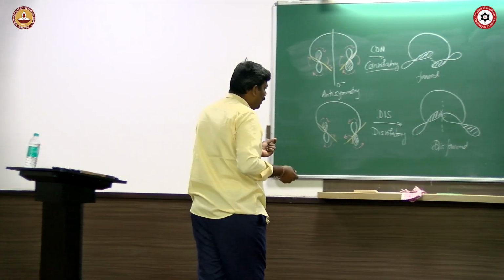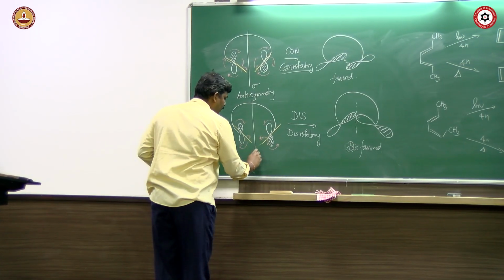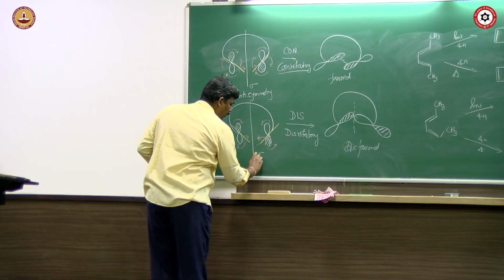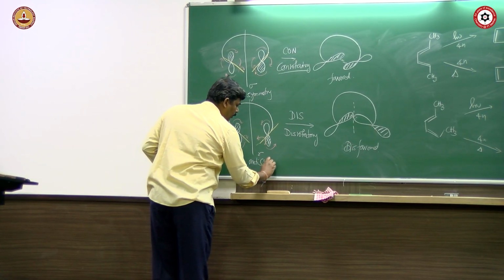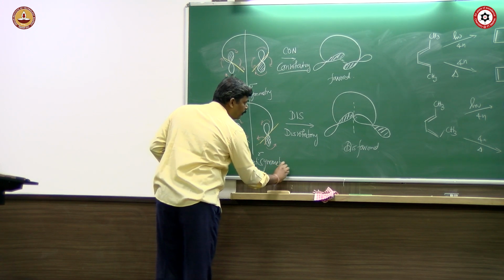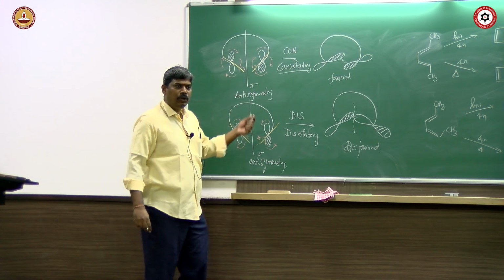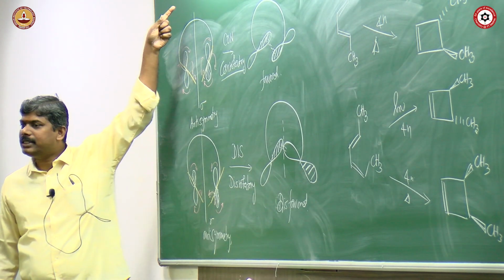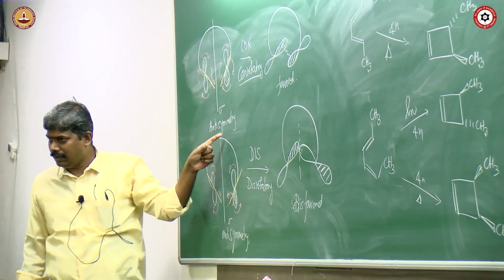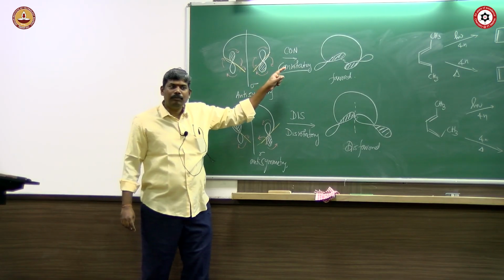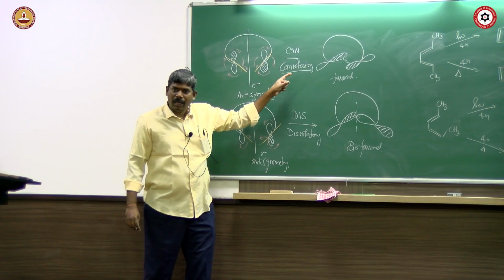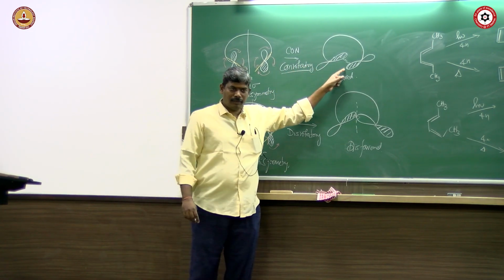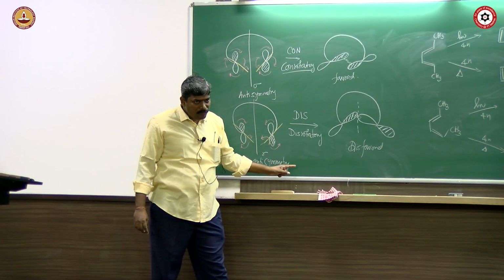So this case once again it is sigma antisymmetric. So the molecular orbital which you are going to look at, if it has a sigma antisymmetry, then the mode of reaction would be conrotatory giving a bond. The disrotatory does not form a bond.